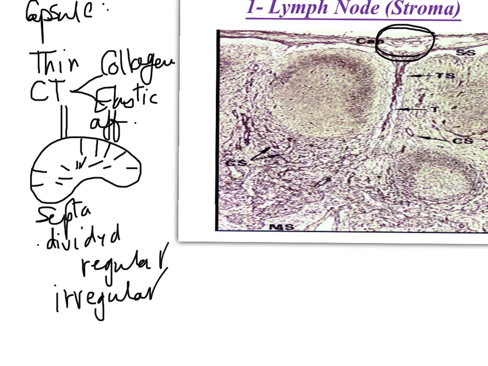This is as regards the septa. All the septa arise from the undersurface of the capsule. Some are short septa dividing the cortex into regular compartments, and some are much deeper, dividing the medulla into irregular compartments.